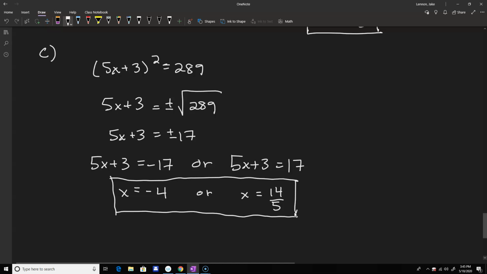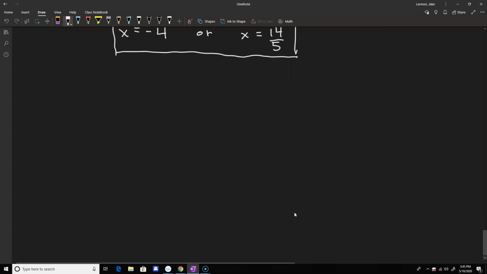Okay, so let's move on to the second technique, factoring. So again, we're trying to factor something of the form ax squared plus bx plus c equals 0 typically. So this factoring technique itself breaks down into two cases.